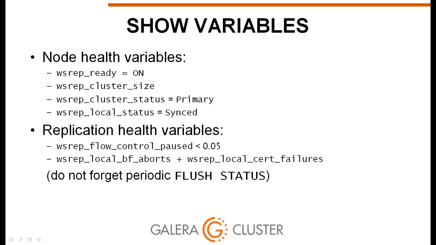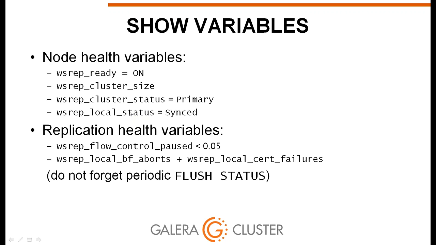The other two status variables that are important to monitor with respect to the health of the cluster overall are wsrep_local_bf_aborts and wsrep_local_cert_failures. Those variables increase every time there is a transaction conflict, meaning every time transactions were issued on two nodes, but they were in conflict, contradictory to one another, so Galera could only allow one of the transactions to proceed.